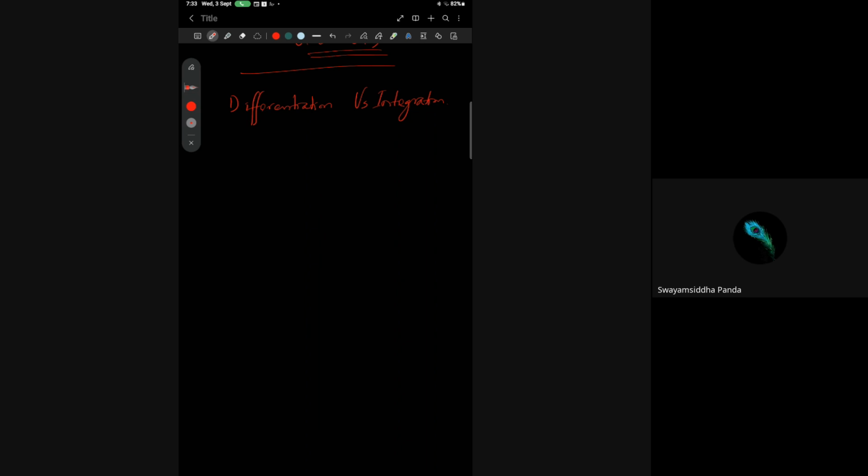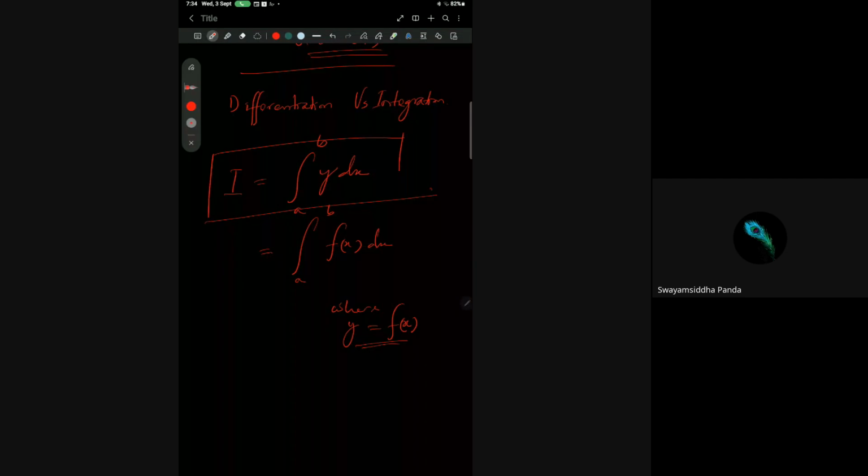Let me write down, let's say I have an integration I is equal to integration a to b y dx, or integration a to b f of x dx, where y is equal to f of x, okay. Now what do you mean by this integration formula? What exactly is it?